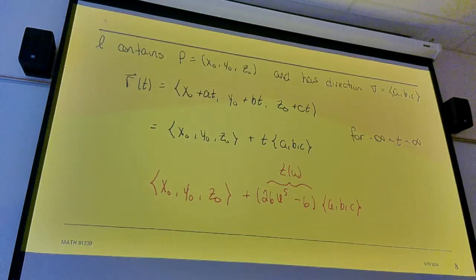If I just let U go from minus infinity to infinity, I can still get every real number for T. So as long as we're multiplying by a function that gives you every real number, it doesn't just have to be T to the first power.